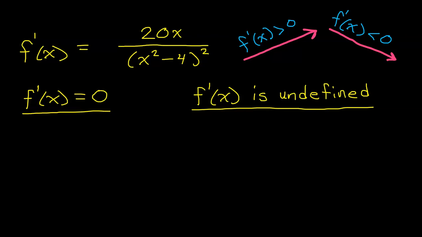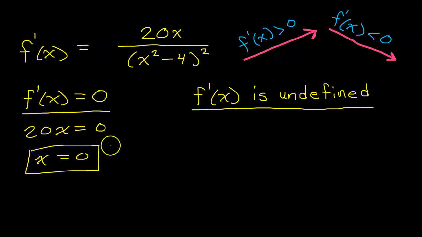So when you have a fraction, the only way for a fraction to equal 0 is for the numerator to equal 0. So we can simply set 20x equal to 0, which tells us that x equals 0. So this is a critical number. Now as far as f prime being undefined, this would happen where the denominator is equal to 0.